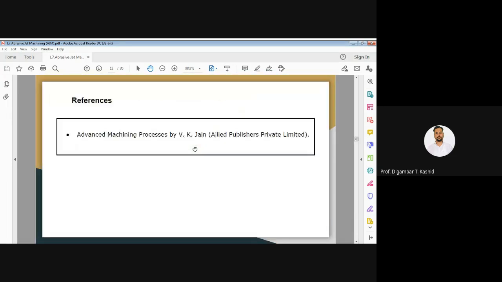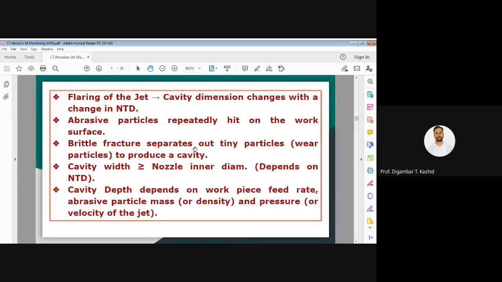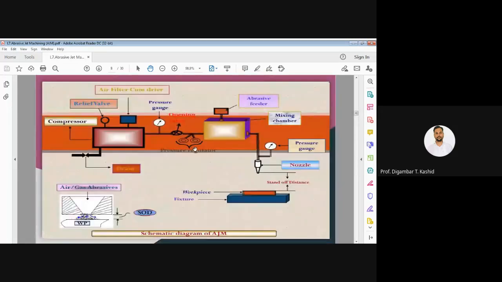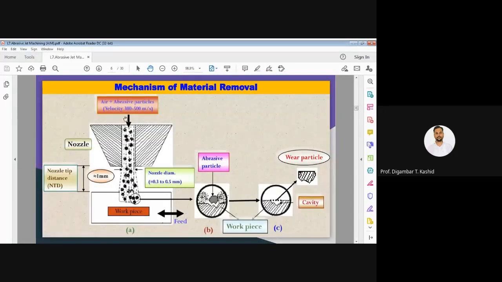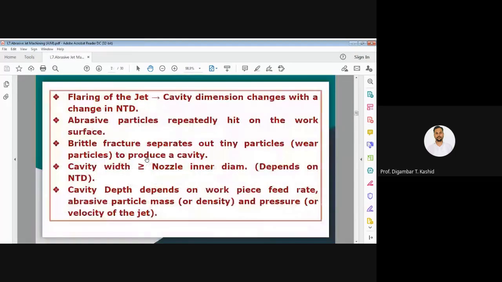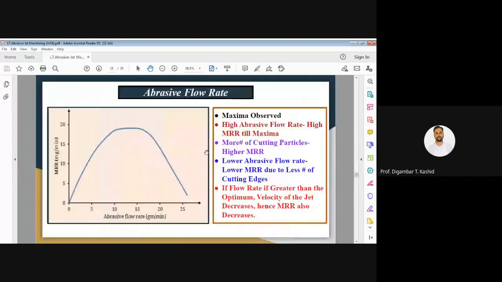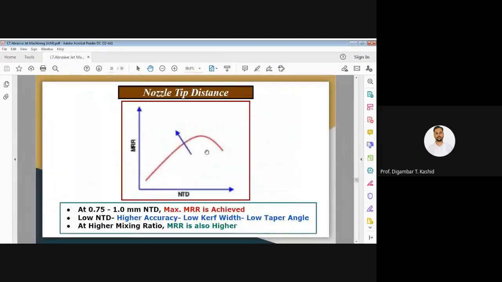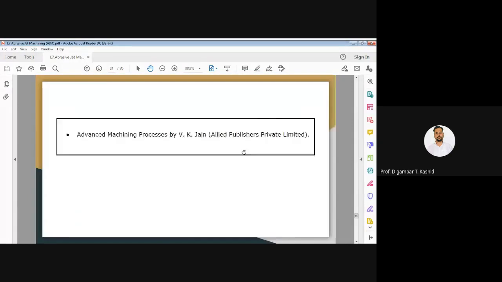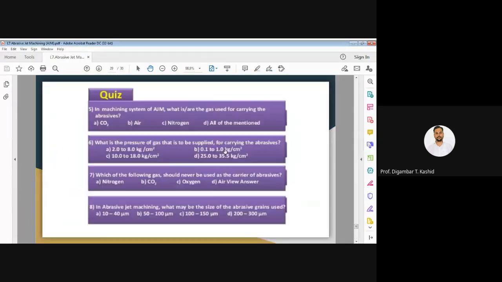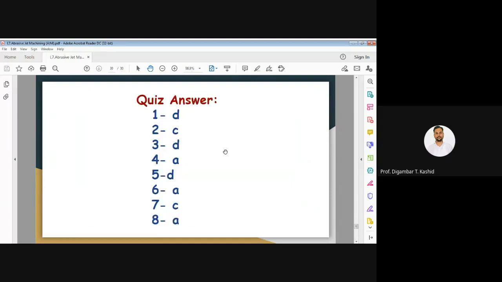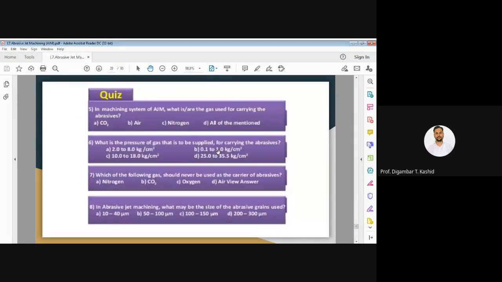I will show the diagram also. Okay, so the range is 2 to 8 kg per centimeter square. Again, it is not a constant. It will vary with respect to the type of workpiece.